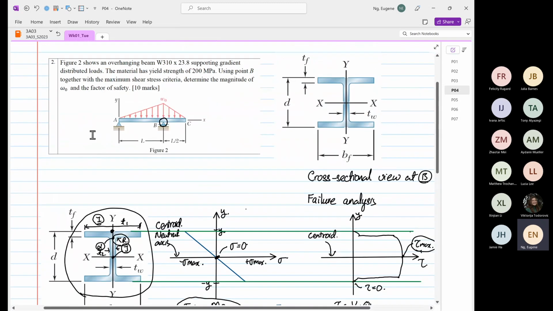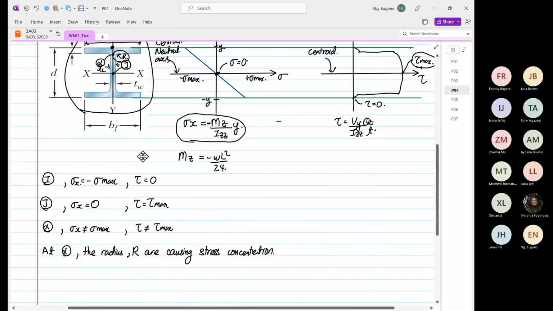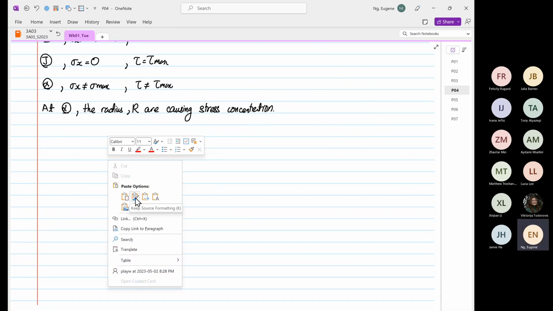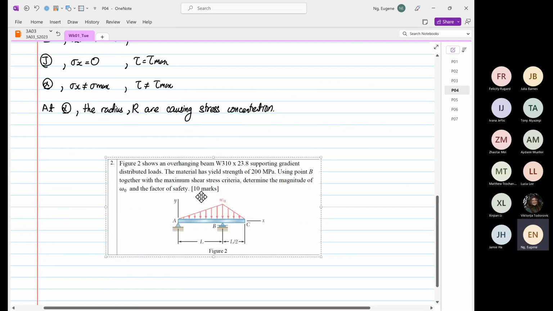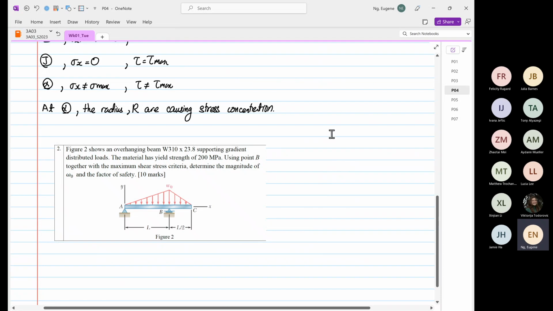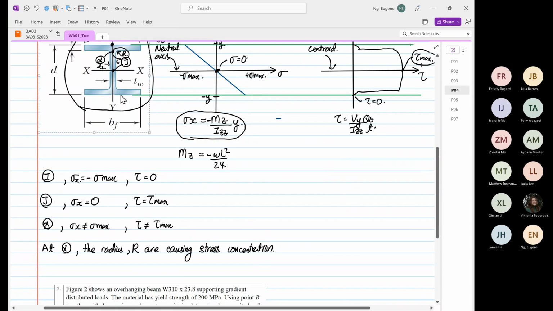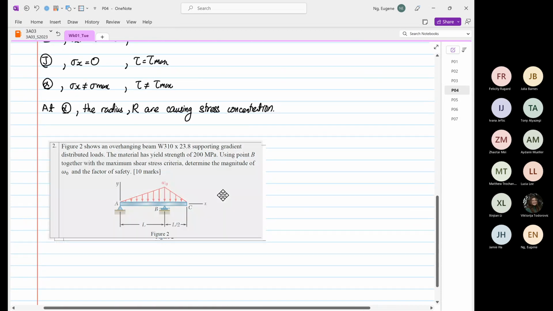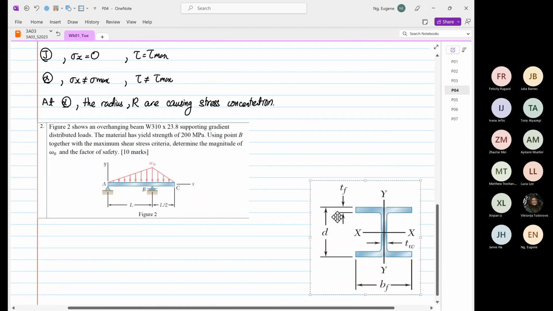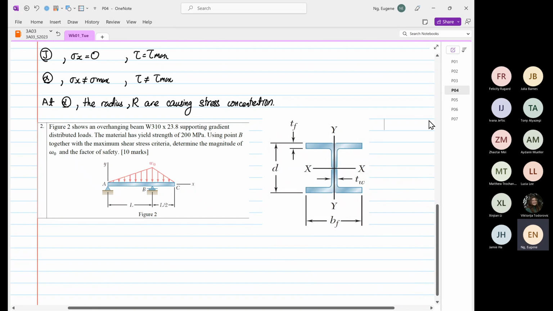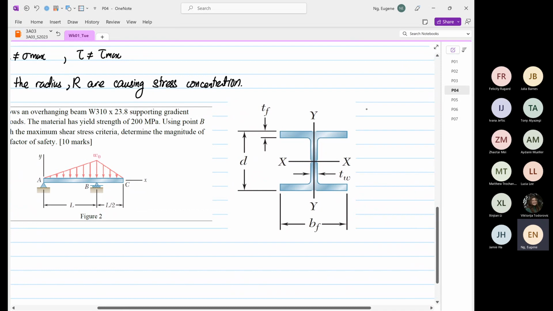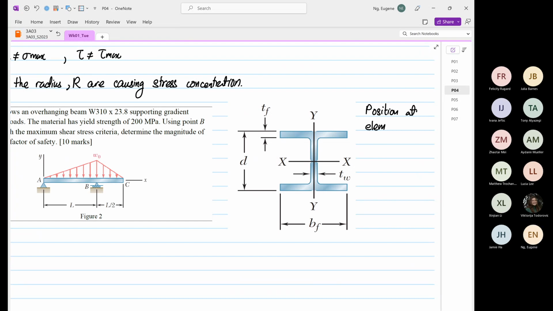Now let me copy this image again. We are now going to look at point alpha, and I'm also going to take this one. We are going to position an element at point alpha.